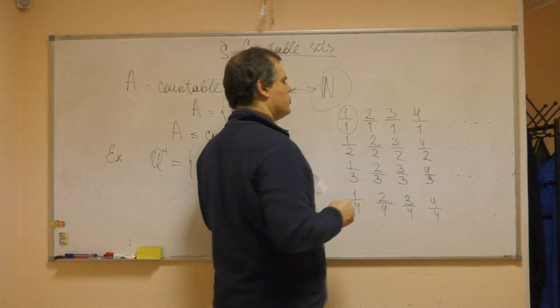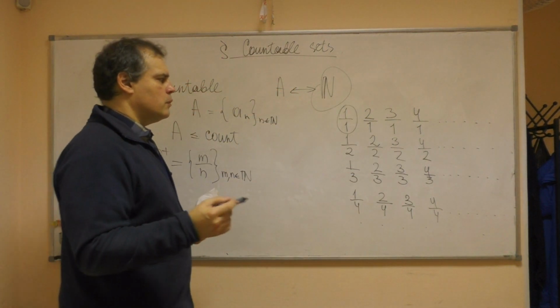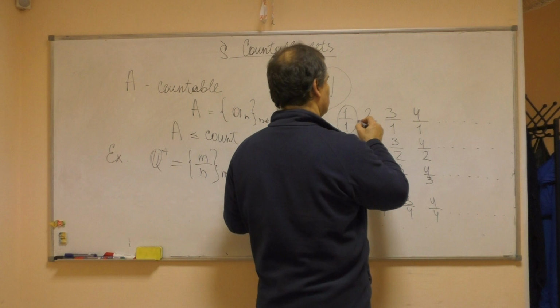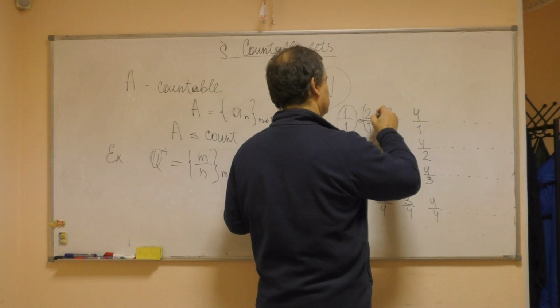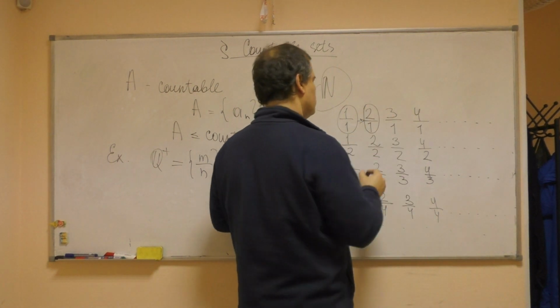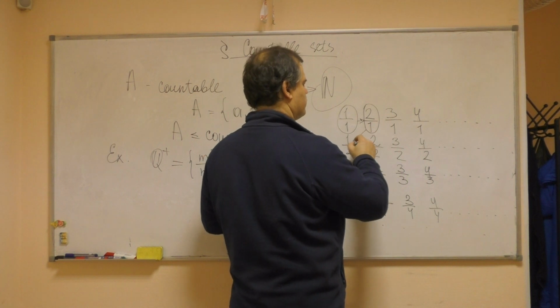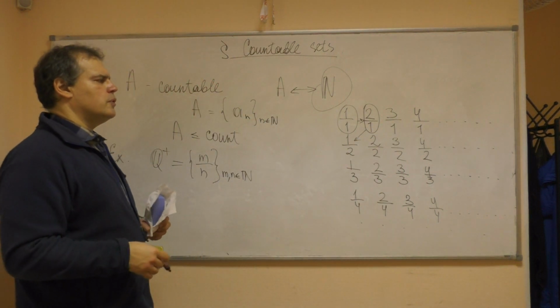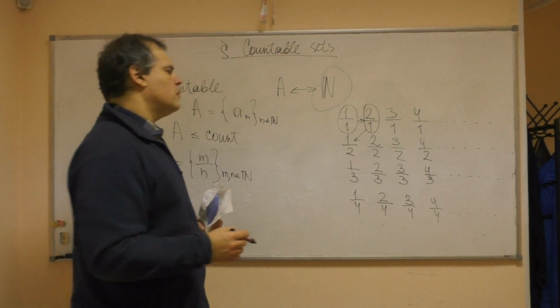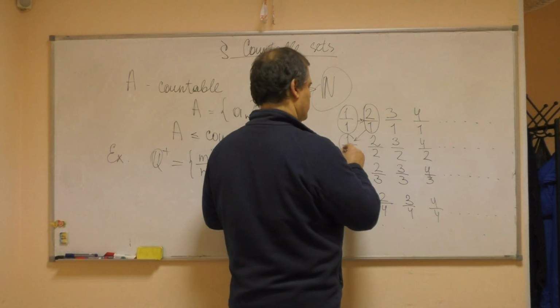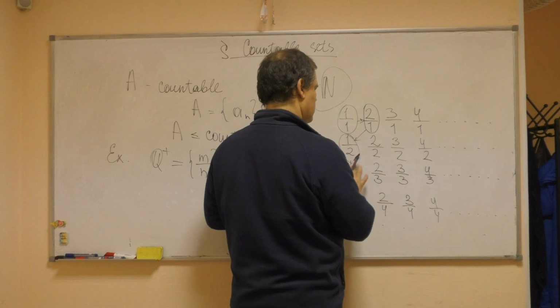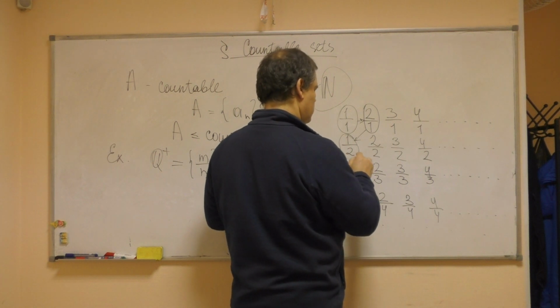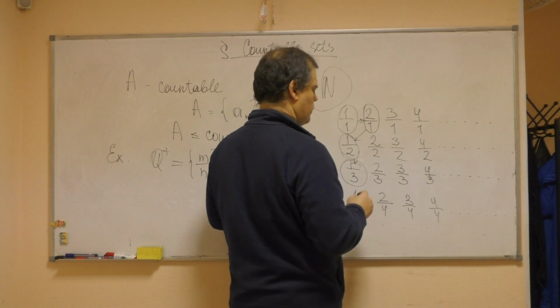So here is number 1. Let's move to the right. Number 2. Then by diagonal to the left and down. Number 3. Then move down. Number 4.